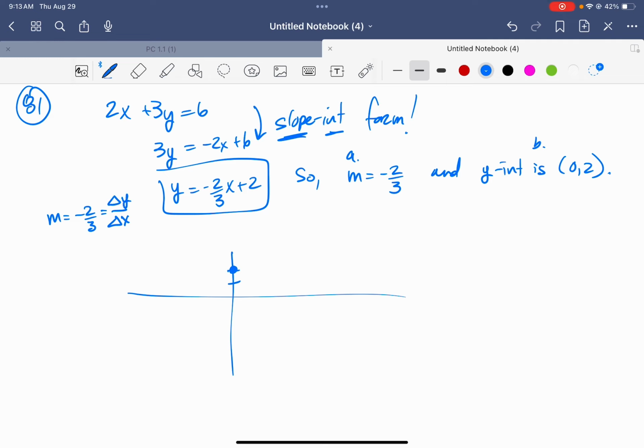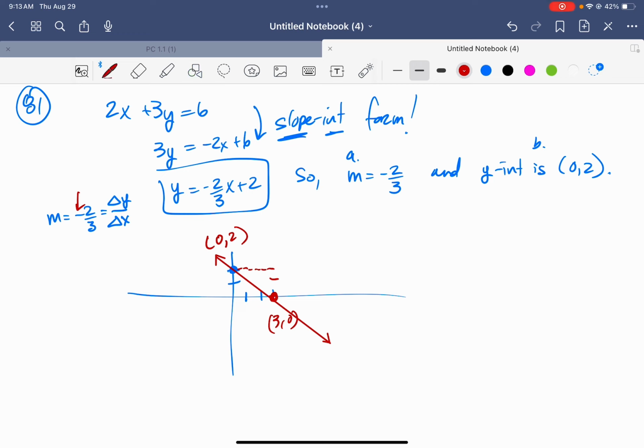So from this point, if I step out 1, 2, 3 in this direction, then I must go down 2. 1, 2, so that puts me here. So I have the point on my function of 0, 2, and 3, 0. And then I draw a line, right? Cool.